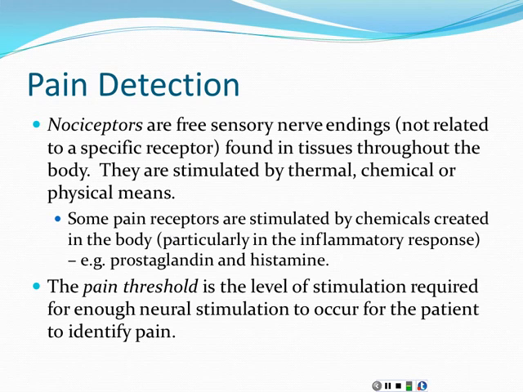So what triggers the detection of pain in the first place are the nociceptors. So noci is just pain, so a nociceptor is a pain receptor. The simplest version of these are just free sensory nerve endings. In other words, they don't have a specialized receptor. They don't have an anatomic structure that turns one change into another.